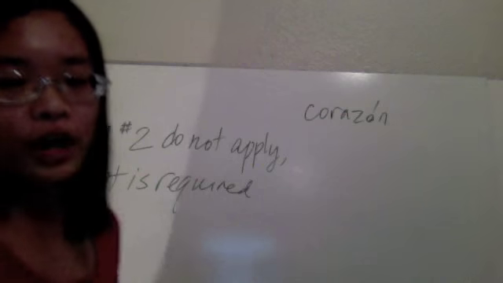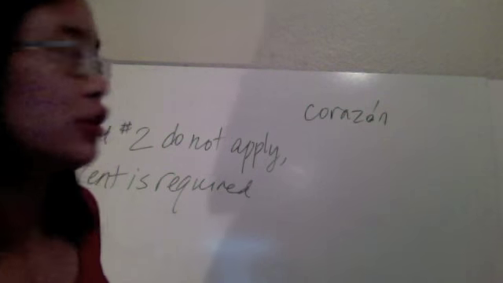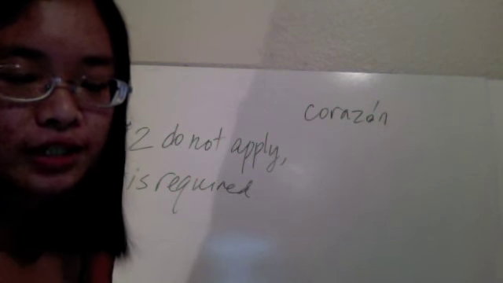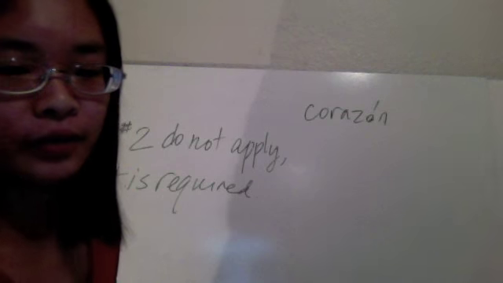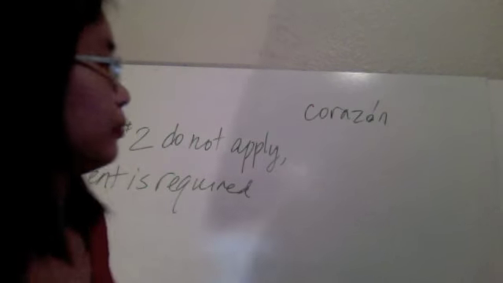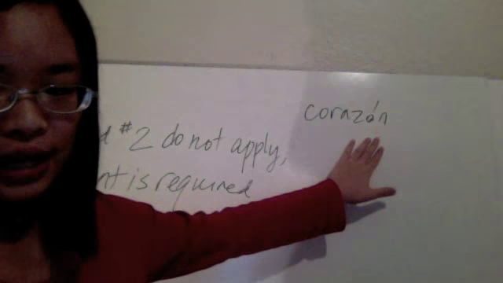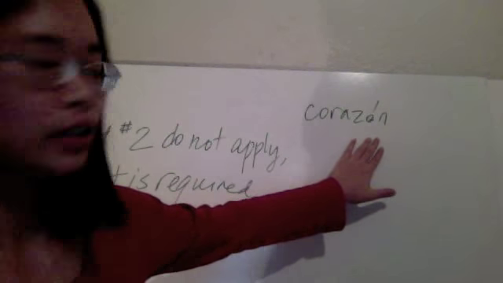Another example, corazón. It ends with an N, and imagine if there's no accent mark, where would the stress be? Second to the last, according to the rule number 1. Corazón. But in reality, we pronounce it as corazón.